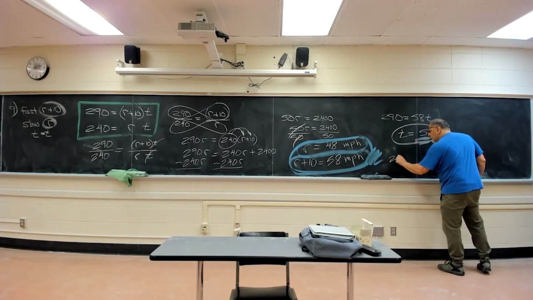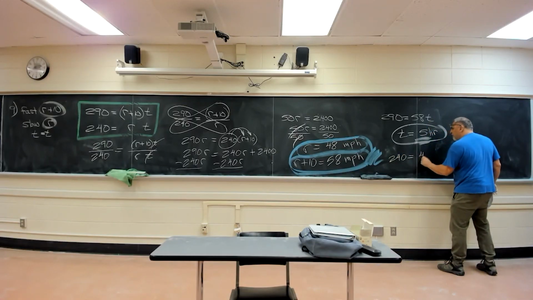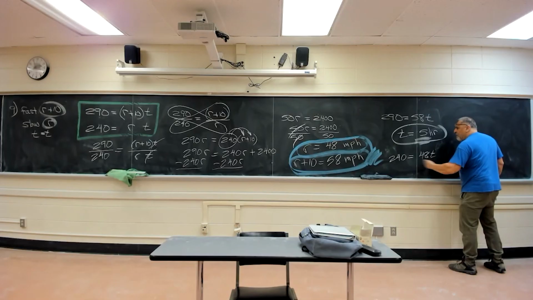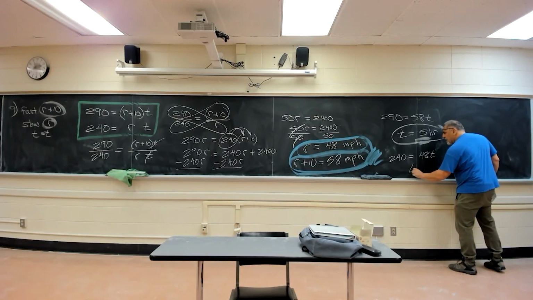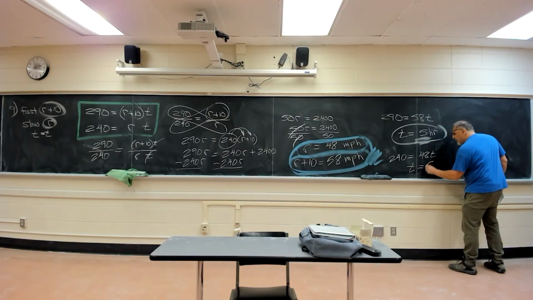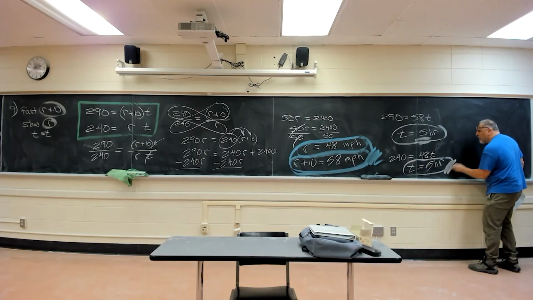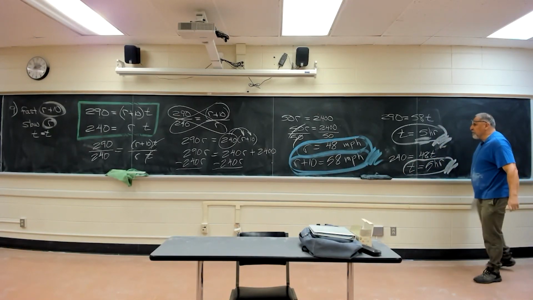If you're going 240 at a speed of 48, divide by 48 on each side, here's your 5 hours again. The mathematics is fully consistent with itself if we're doing it correctly.